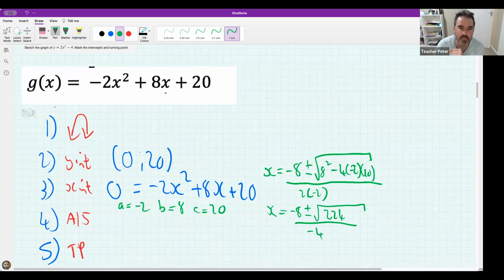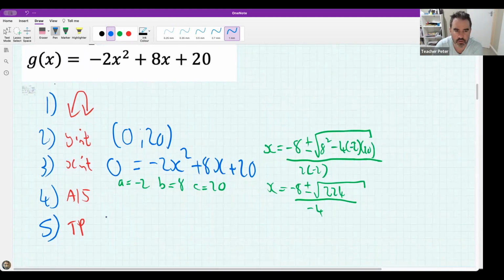So you can give them to me in decimal if you like, or root form, whatever your calculator gives you.